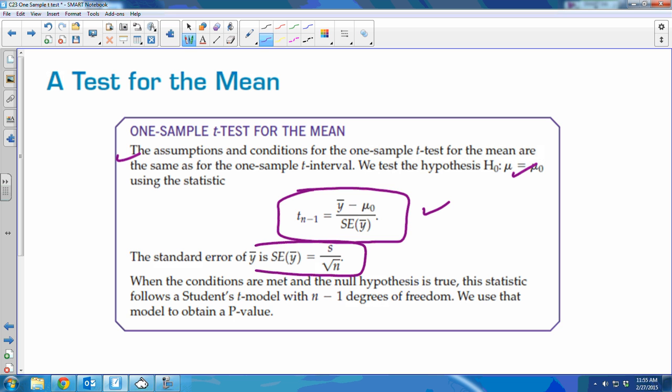The standard error is s divided by the square root of n. When the conditions are met and the null hypothesis is true, the statistic follows a student t-model with n minus 1 degrees of freedom. We must use that model to obtain a p-value. It's all the stuff I just said, just from the book. I think me writing it all out is better.